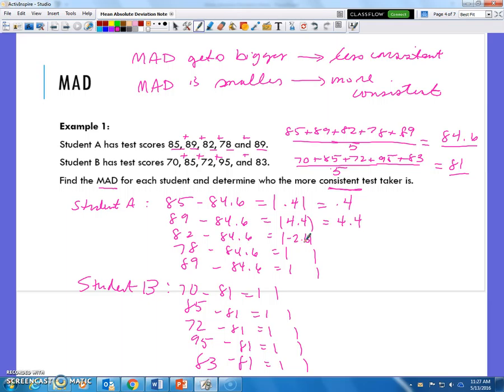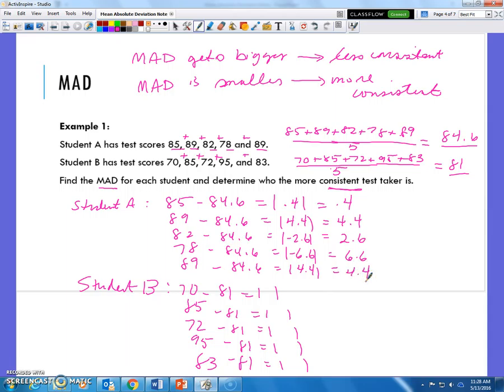We can't get smaller than a distance of 0. That's why we're taking its absolute value. Its distance is 2.6 away. 78 minus 84.6 is negative 6.6, but we take its absolute value, 6.6. That's how far away 78 is from 84.6. And then 89 minus 84.6 is 4.4. So again, 4.4.